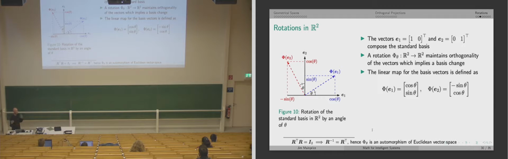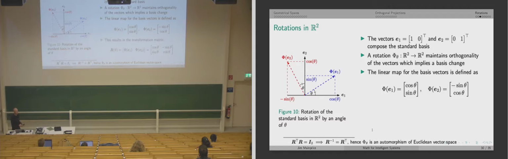And actually what we are considering is the same basis for the input and the output. That's how we identify these two transformed vectors, because we look at the coordinates of these vectors in the same basis, which is defined by E1 and E2. So what we are looking at here is the coordinates of E1 and E2 after rotation in E1 and E2.